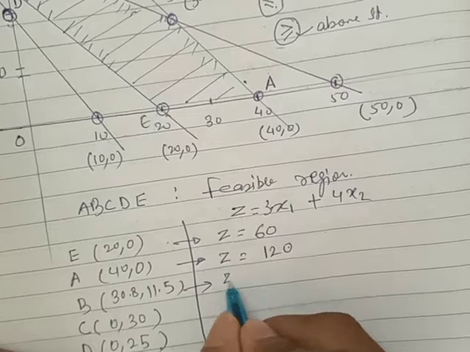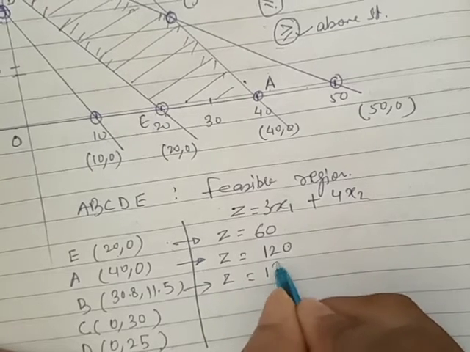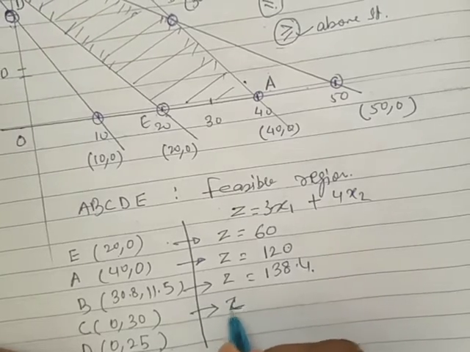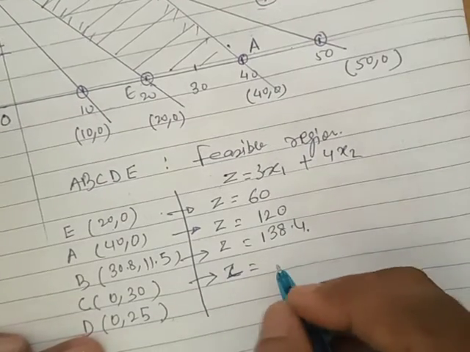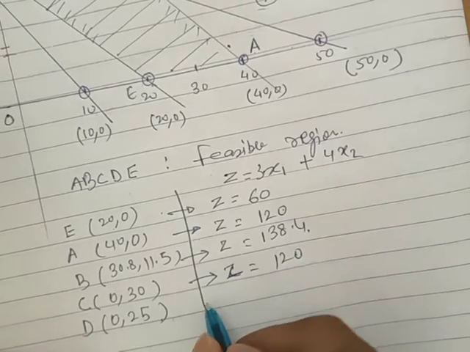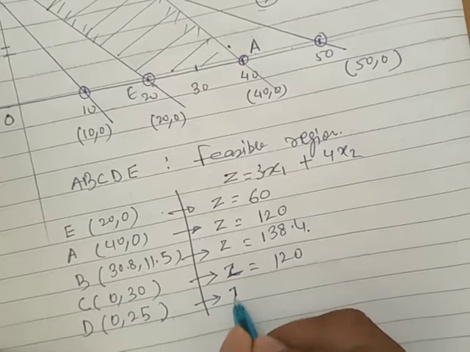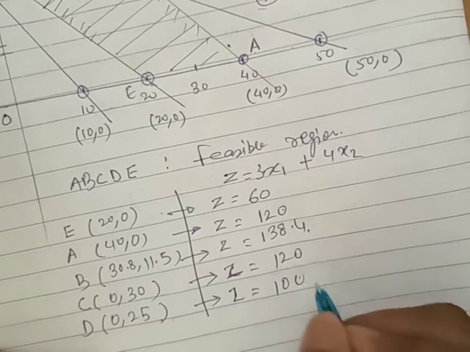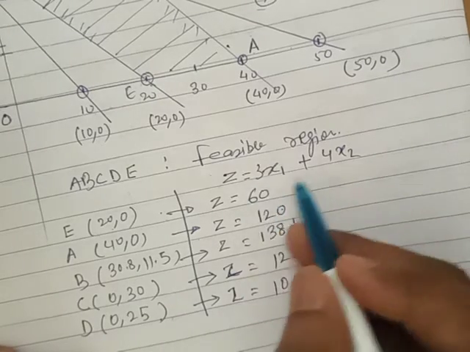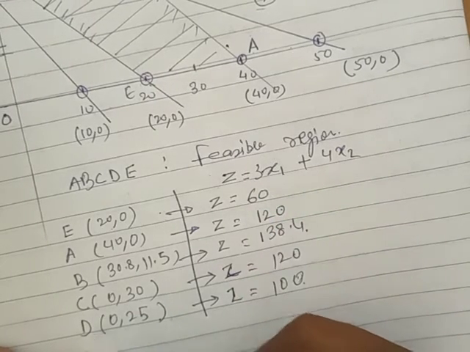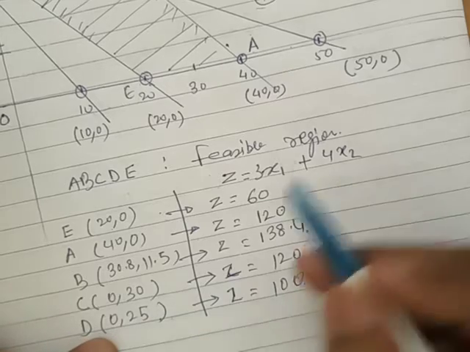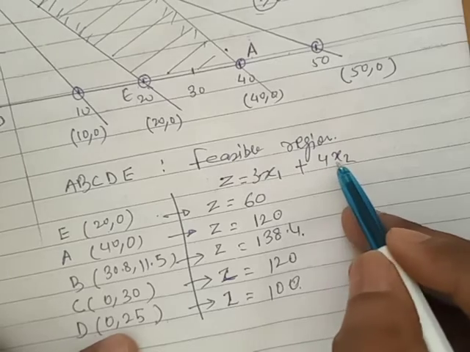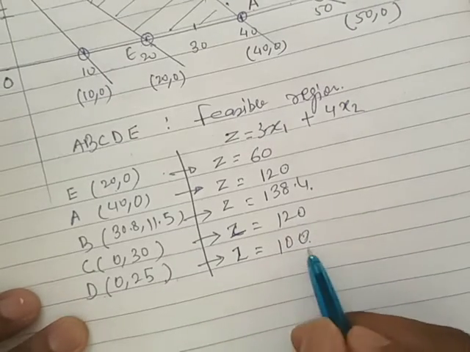From point B, you are getting z as 138.4. From point C, you will get z as 120. And from point D, we are getting the z value as 100. How are we getting these values? Let us see an example. Suppose we are taking point D. At point D, the x1 value is 0, so this term becomes 0. Then 4 into x2. The x2 value is 25, so 4 into 25 is 100. So that's why we are getting this value as 100.